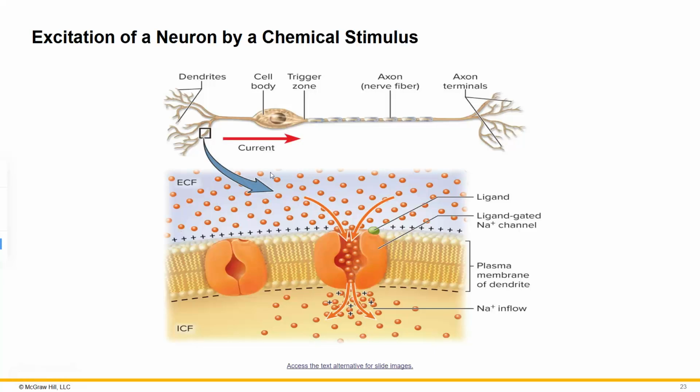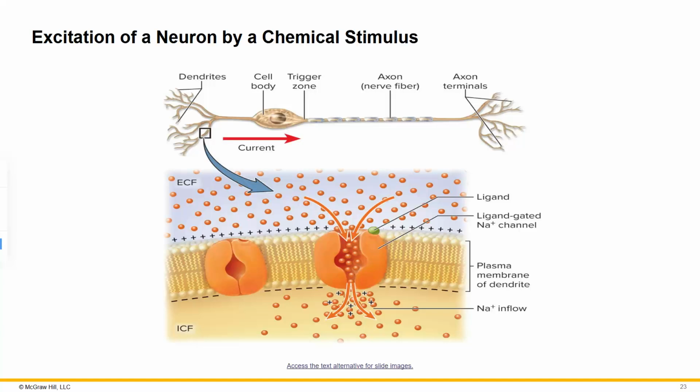If there's a stimulus that binds to the dendrites, let's say another neuron released some neurotransmitter. Well, now the neurotransmitter is going to go across this gap, and then it's going to bind to a sodium channel. This is known as a ligand-gated sodium channel, which I always was taught as a chemically gated sodium channel.